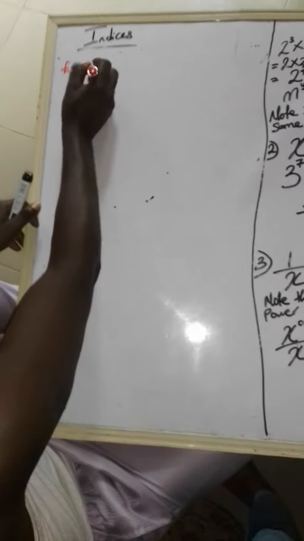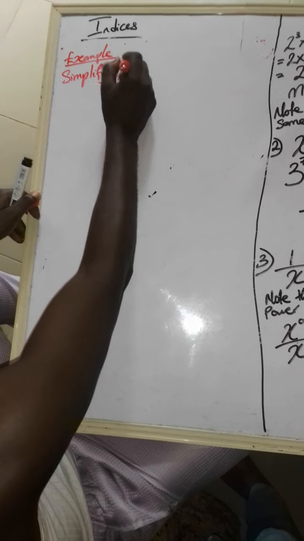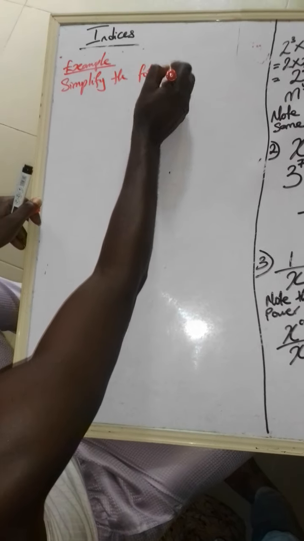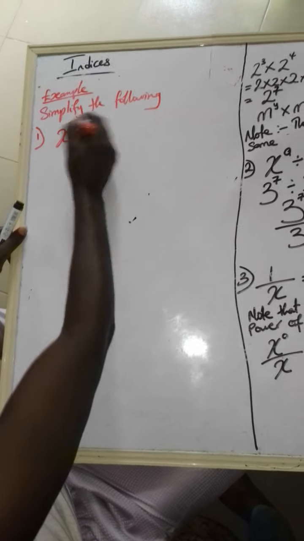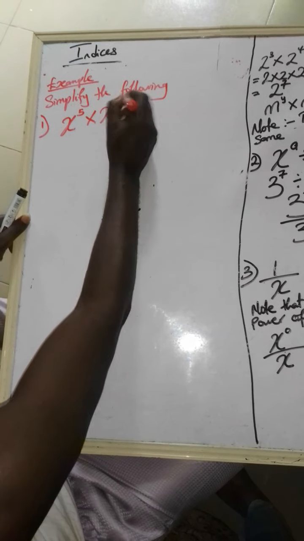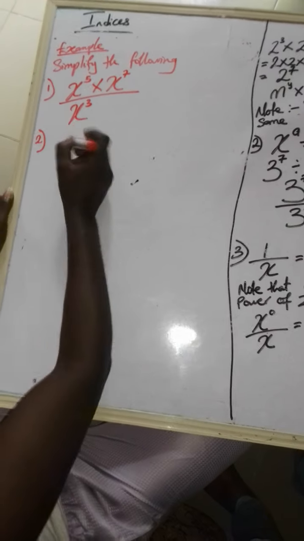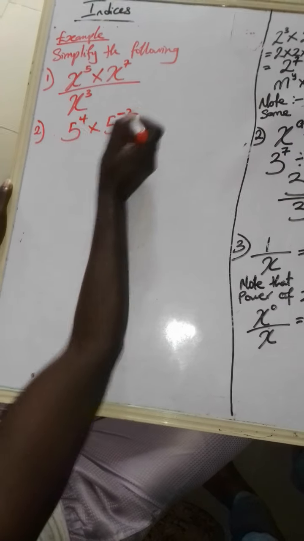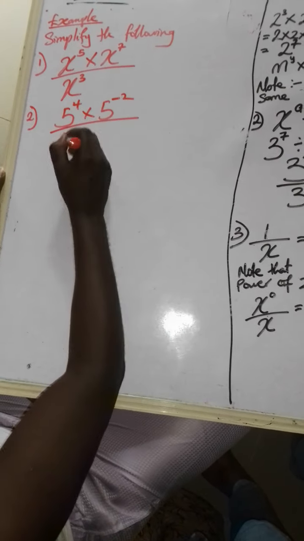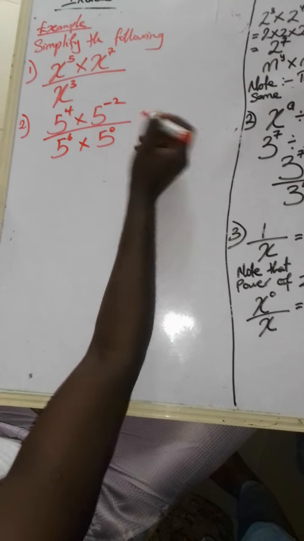Example, simplify the following. 1. x raised to the power 5 multiplied by x raised to the power 7 all over x raised to the power 3. 2. 5 raised to the power 4 times 5 raised to the power minus 2 all over 5 raised to the power 6 times 5 raised to the power 0.